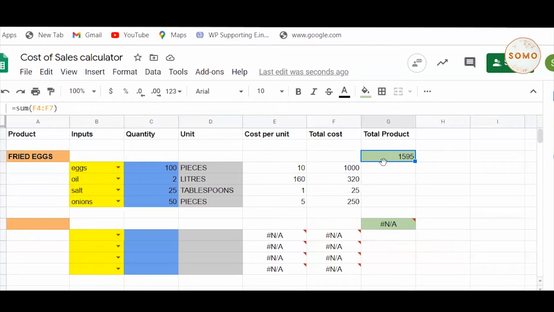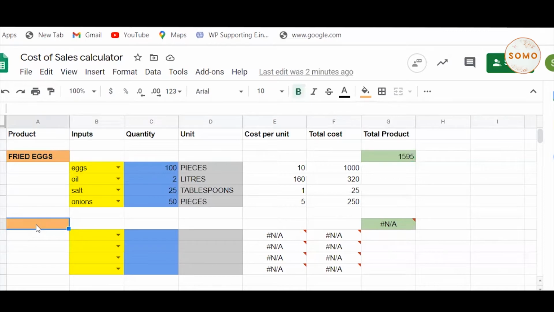All this total cost is coming from 1,000 plus 320 plus 25 plus 250, which gives you a total of 1,595 shillings. 1,595 shillings is the total cost of eggs that goes into making 50 roll eggs.